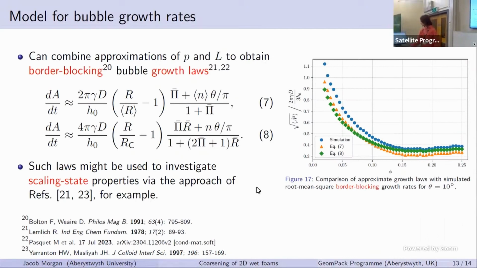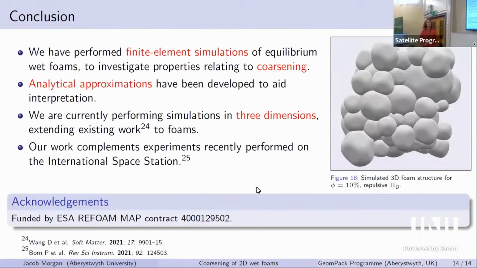So in conclusion, I've presented some results of some simulations of equilibrium foams in which we're interested in properties that relate to the coarsening of those foams. I talked about some analytical approximations that I think help to interpret those results. Our current work is looking at 3 dimensions, where the system size obviously has to be a lot smaller.